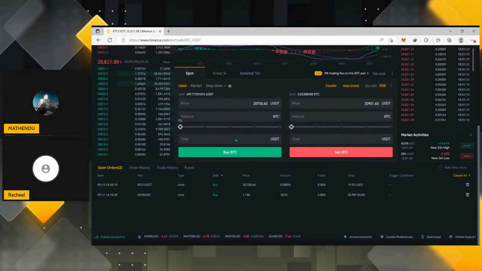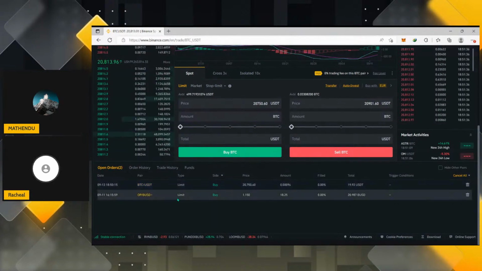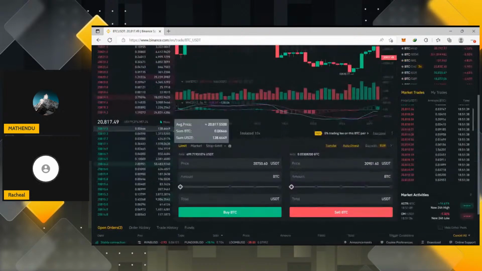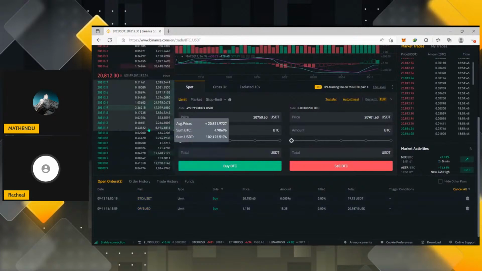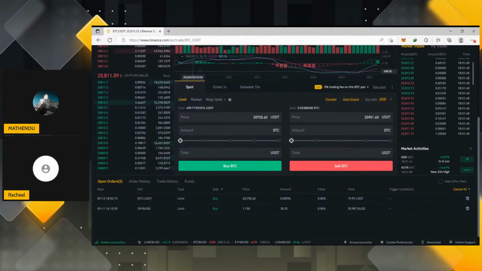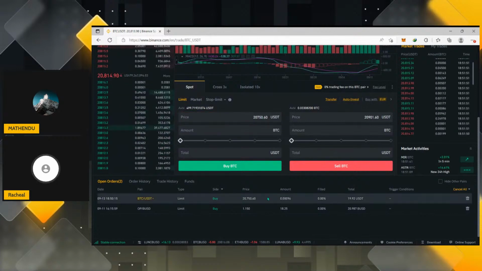Another thing to consider between limit and market orders is that when you do a market order, you're going to be a taker. There are takers and makers. If I do a market order, I'm taking from the market. If I do a limit order, I'm being a market maker, meaning that I'm adding liquidity to the platform, providing liquidity so that if someone else comes, they can fill it.